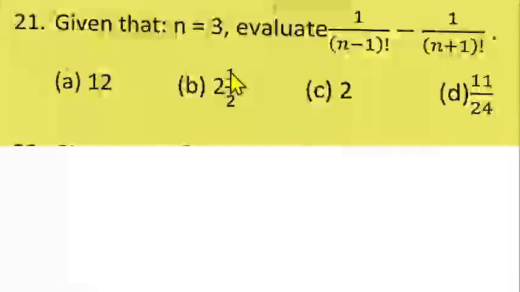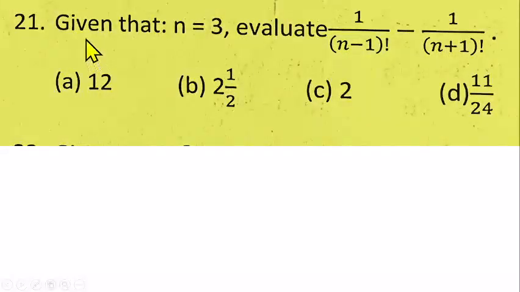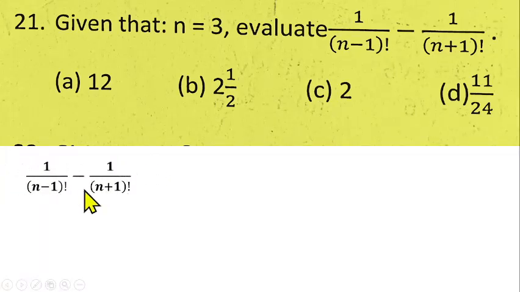Question number 21 is from permutation and combination. Given that n is equal to 3, evaluate 1 over n minus 1 factorial minus 1 over n plus 1 factorial. So it's very simple as well.